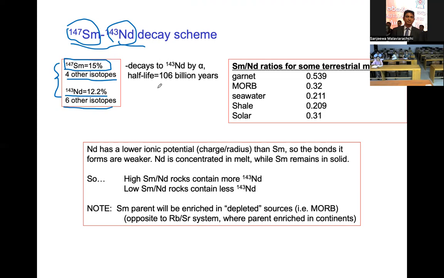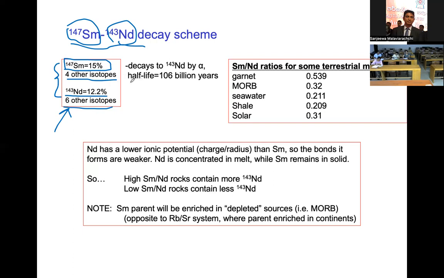Remember 86 strontium, like that. Here also we will take a stable isotope of neodymium, because we have to take one of the stable isotopes among the daughter products. Okay, so we will take 144 neodymium for that case. We will see that later.